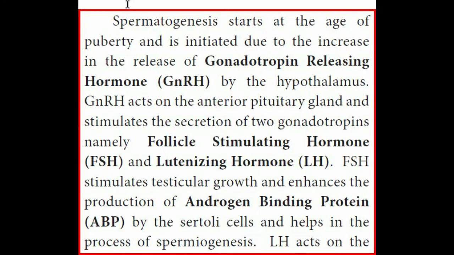For this, gonadotrophic releasing hormone from the hypothalamus and follicle stimulating hormone and luteinizing hormone stimulate the growth, and androgen binding protein from Sertoli cells all together help in the process of spermatogenesis.